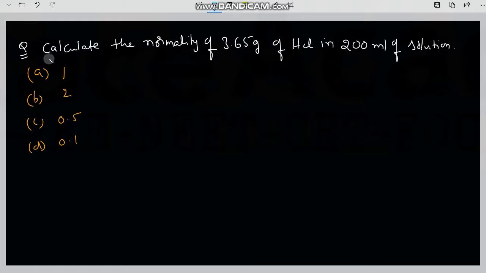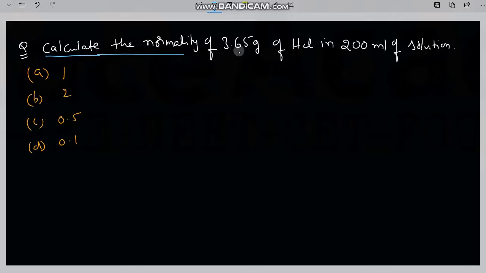Let us see this question. Calculate the normality of 3.65 grams of HCl in 200 ml of solution. These are the options we have. First of all, when we are going to calculate normality, we have to calculate the number of gram equivalents of solute. The solute here is hydrochloric acid.